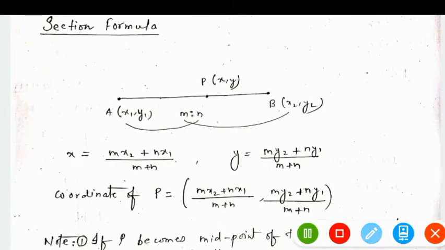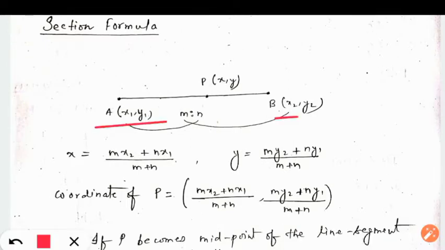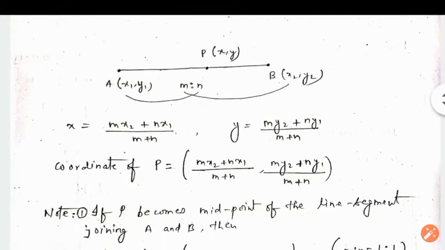The coordinates of the given points A and B are (x1, y1) and (x2, y2), and let the coordinate of P be (x, y) and the ratio be m is to n. It means the ratio between A to P and P to B is m is to n.